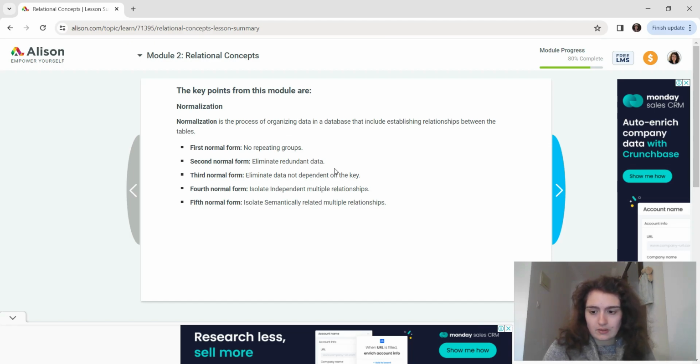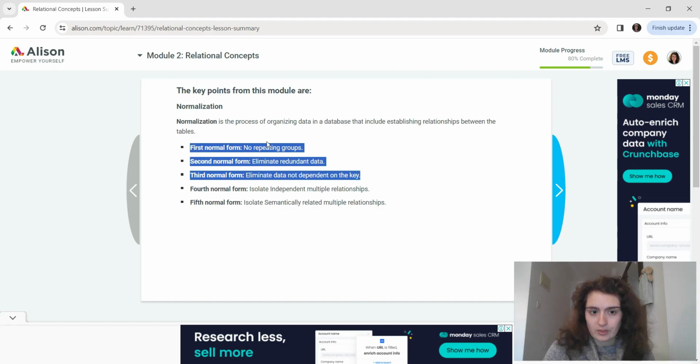And this methodology of normalizing databases is accomplished through the first three methods, as I had discussed.